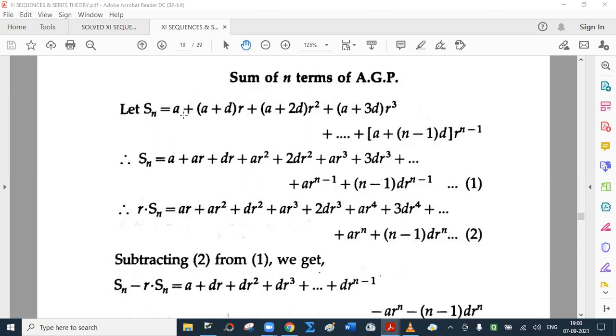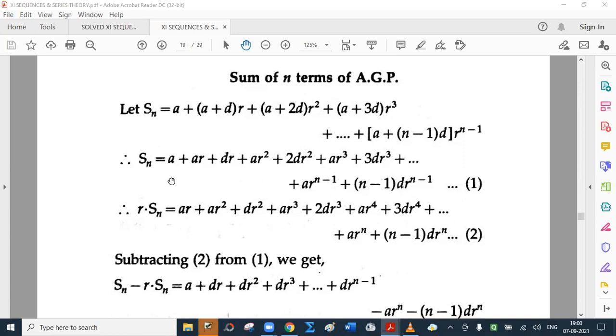Now open the bracket. So a plus ar plus dr plus ar square plus 2dr square and so on. Now multiply each term of 1 by r. So what is r Sn? It is ar plus ar square plus dr square plus ar cube up to what? Up to (n minus 1) dr raised to n.